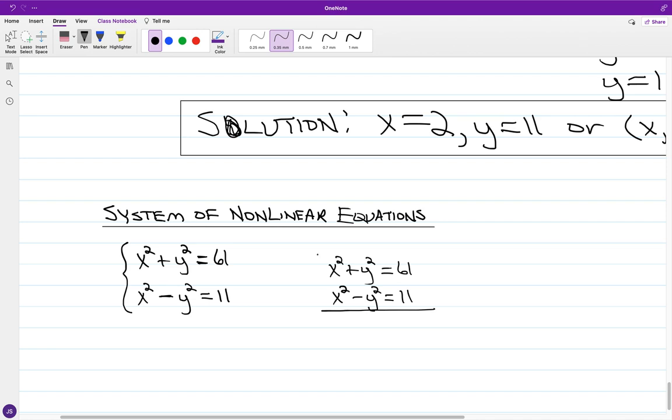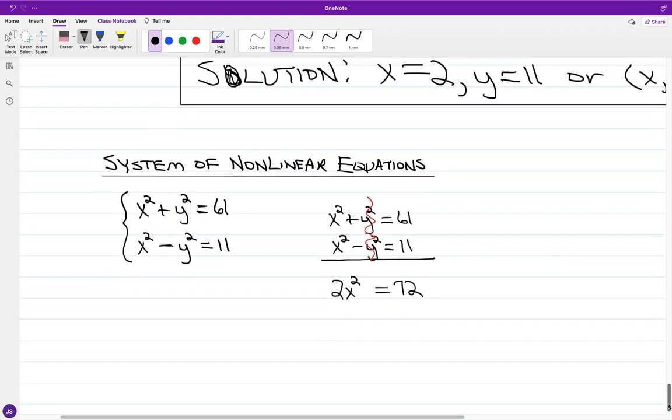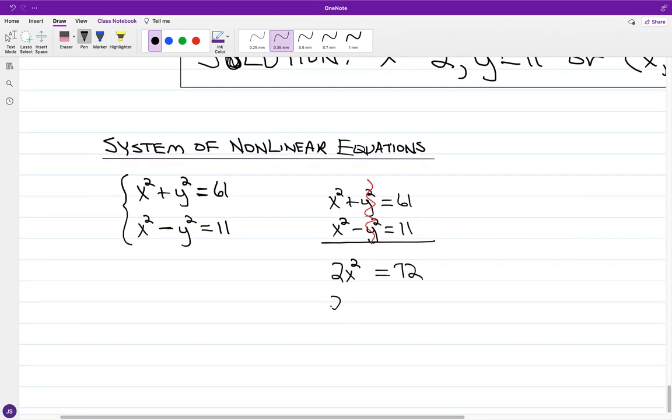If we add the equations together, the positive and negative y squared will go out. x squared plus x squared is 2x squared, and 61 plus 11 is 72. And with division by 2, now we got that x squared is equal to 36. And I'm looking at solving for x and y.